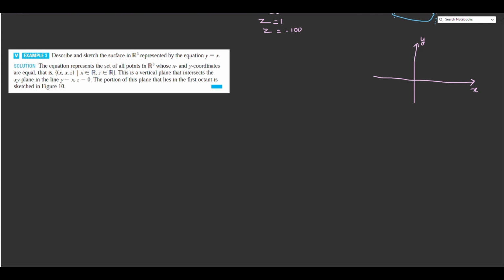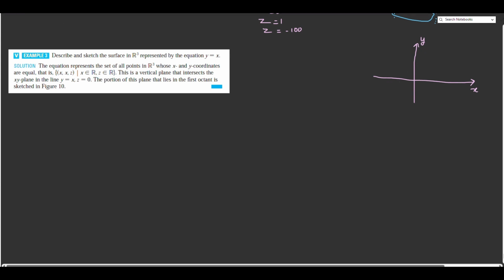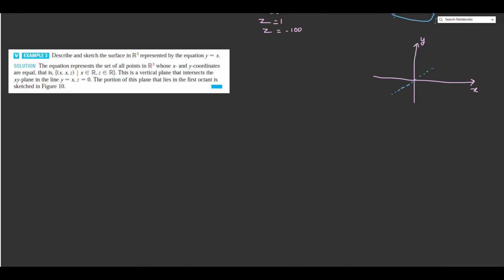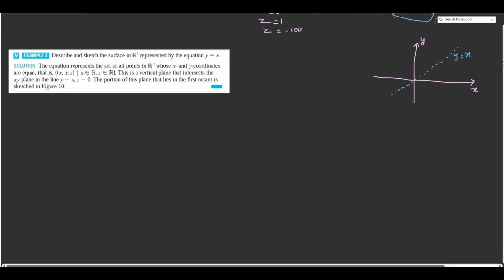We know that it is the equation of a line passing through the origin, and it makes an angle of 45 degrees with the positive x-axis.